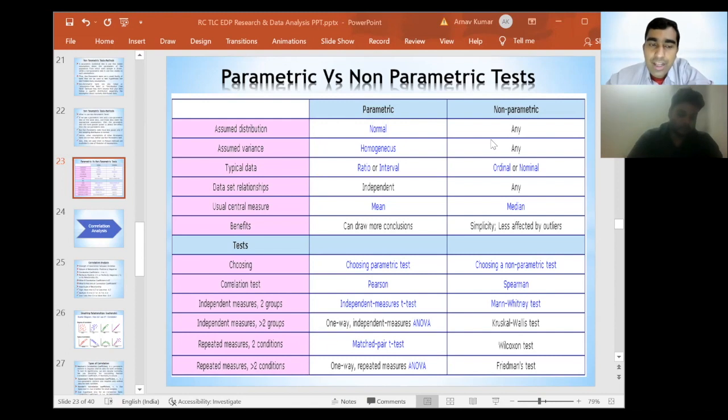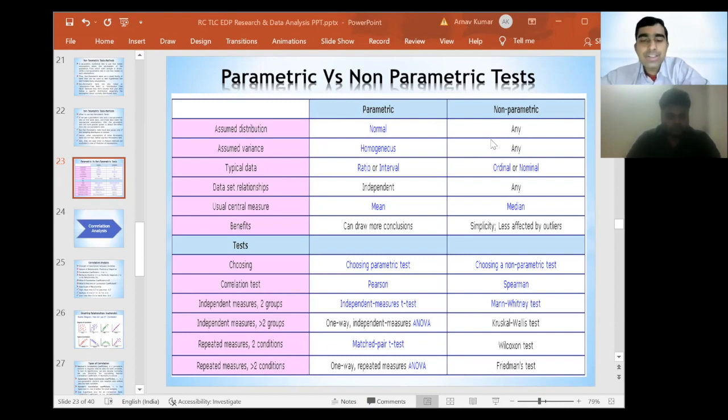When we try to arrive at something about the population from the sample, we have the choice of making assumptions or not making assumptions. That's the context, and there are techniques available for both kinds of situations. The basic idea remains the same as earlier: from sample analysis, we generalize the findings for the entire population.